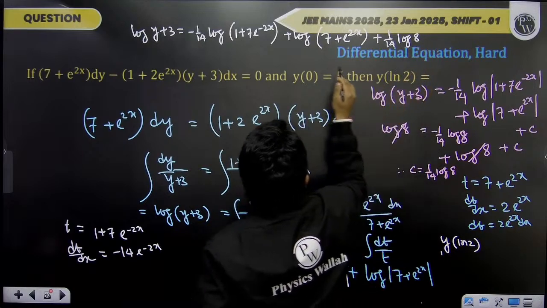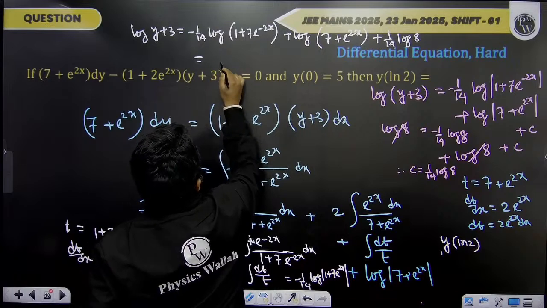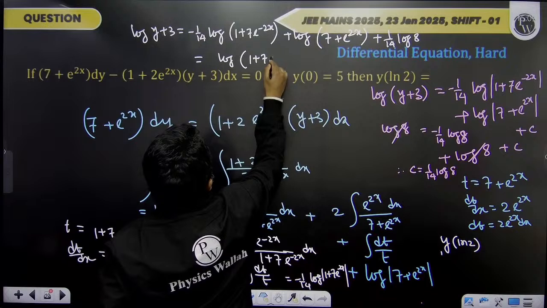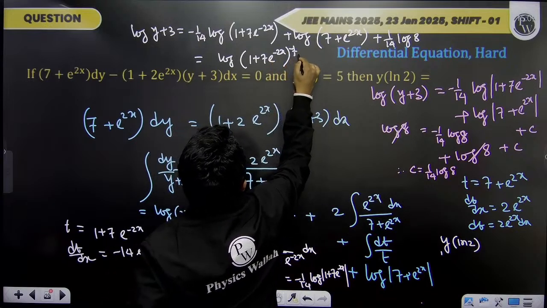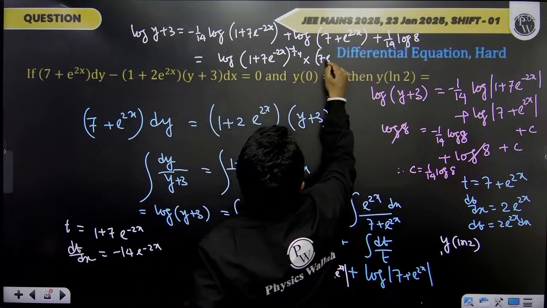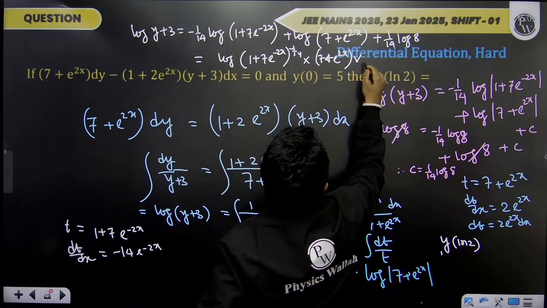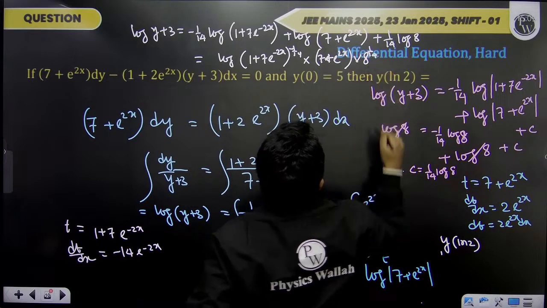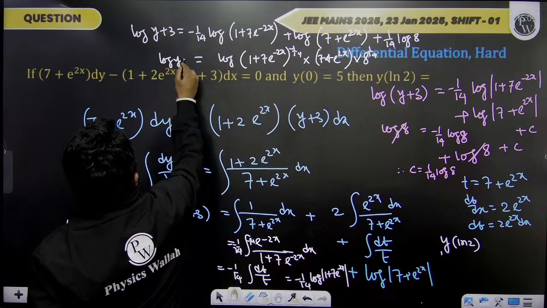So if we write it all together, this will be equal to log of (1 + 7e^(-2x)) whole power minus 1/14 into (7 + e^(2x)) into 8^(1/14), right? This is my log of (y + 3).